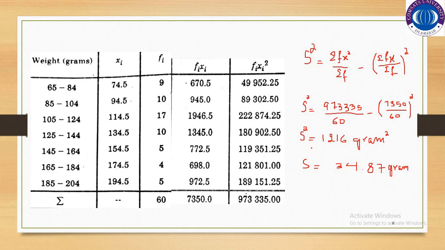So variance is equal to 1216 grams square. And by taking the positive square root, the standard deviation is 34.87 gram. So this is the variance and standard deviation for the grouped data.